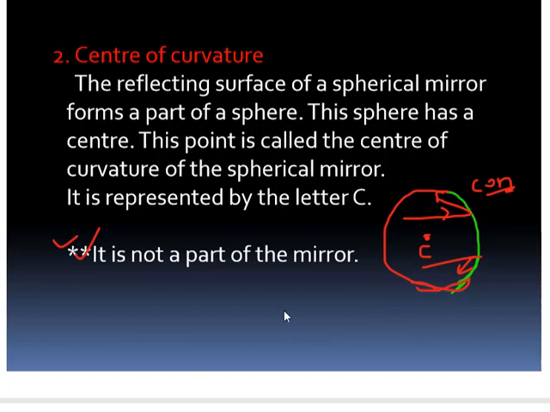Now for a convex mirror, the diagram will be the same. This is the center of curvature. This is the incident ray, and this will be the reflected ray.